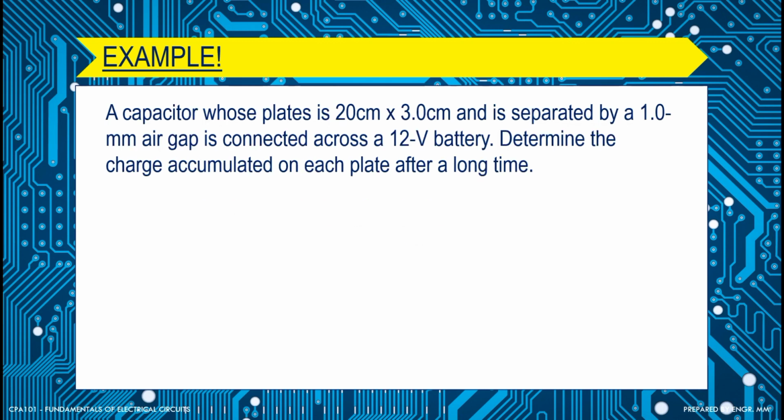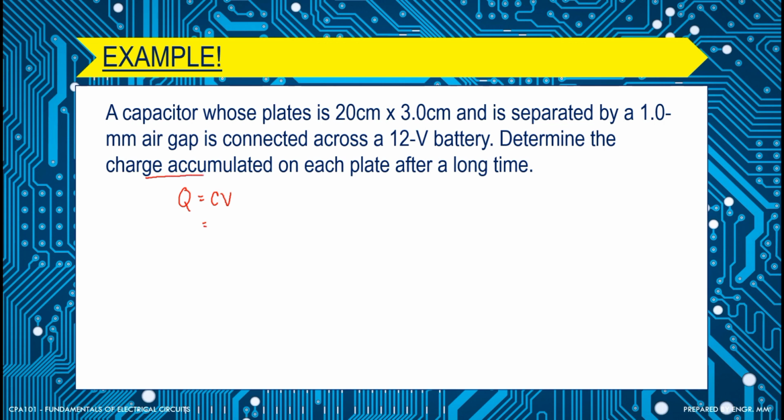Next example, a capacitor whose plate is 20 cm by 3 cm and is separated by a 1 millimeter air gap is connected across a 12 volts battery. Determine the charge accumulated in each plate after a long time. We have the formula Q is equal to CV, so that we can solve for the charge accumulated in each plate.